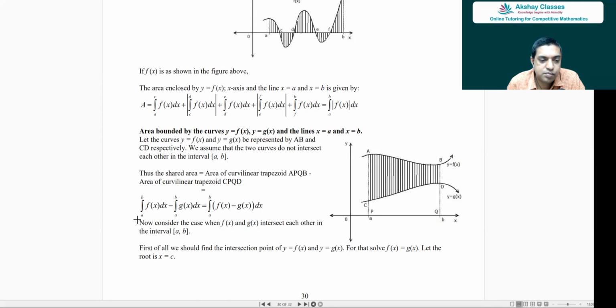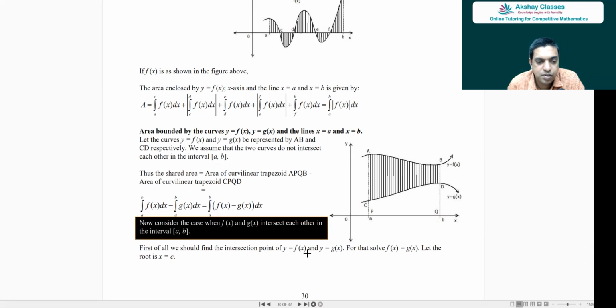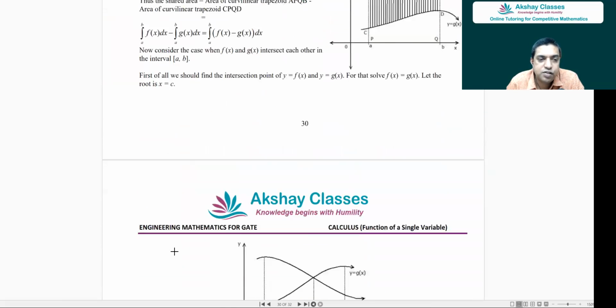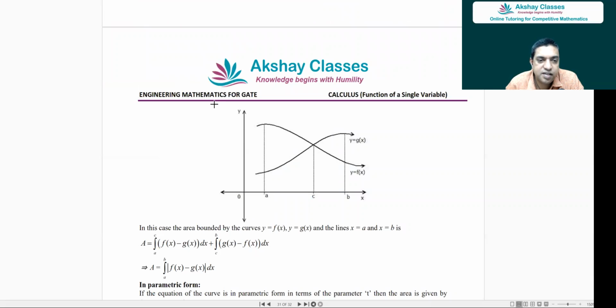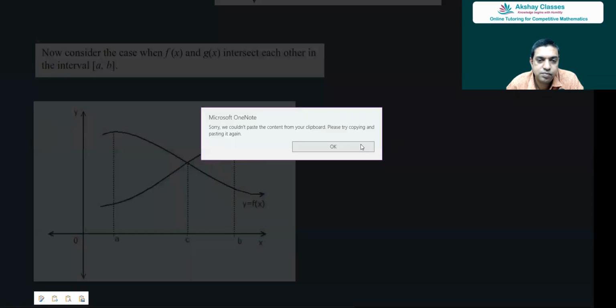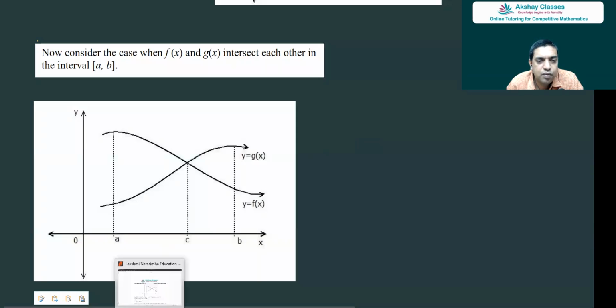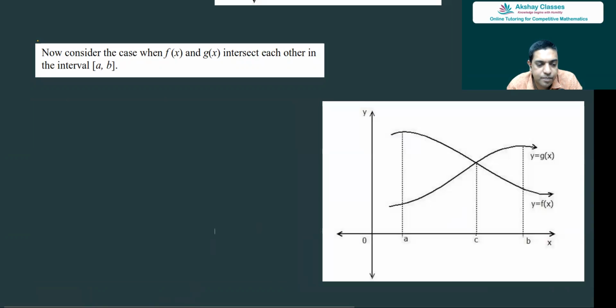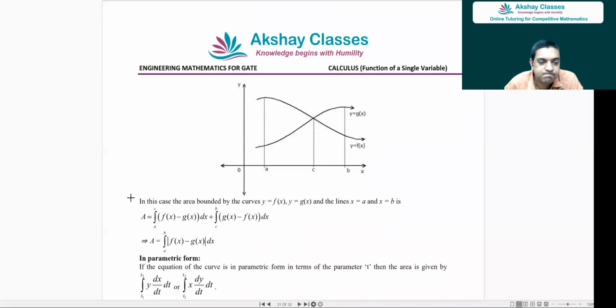Now, first of all, find which point it intersects. Now, what we can do is very simple.